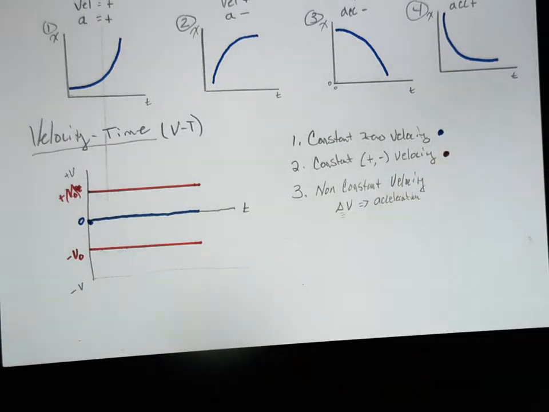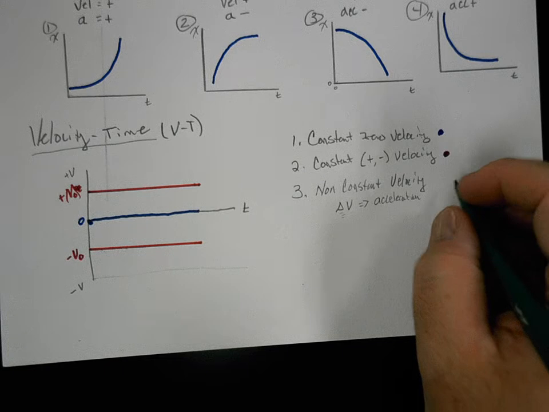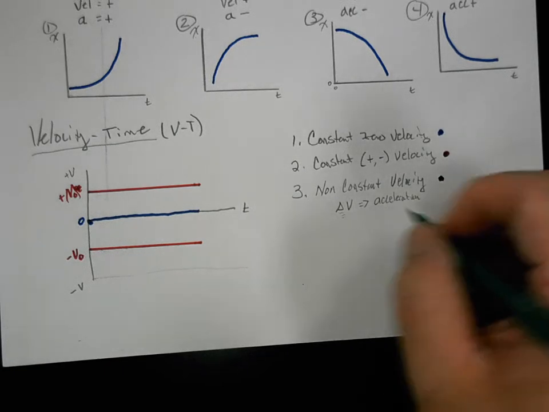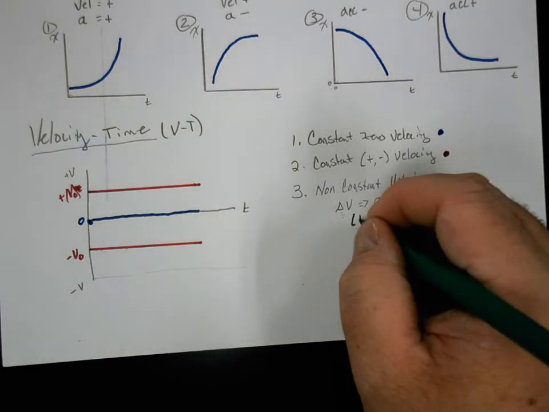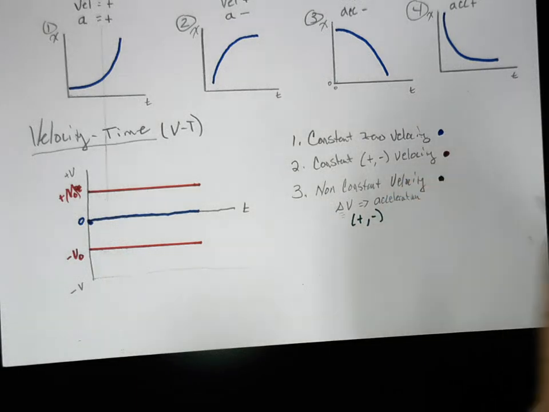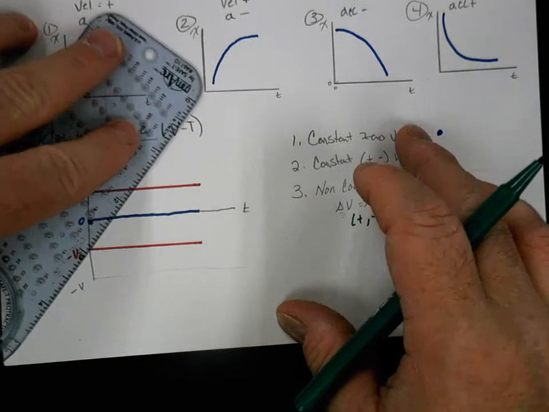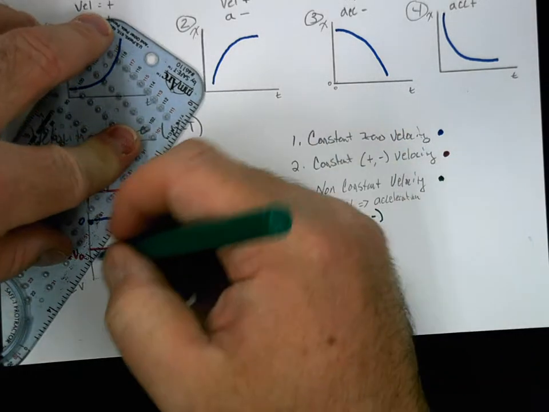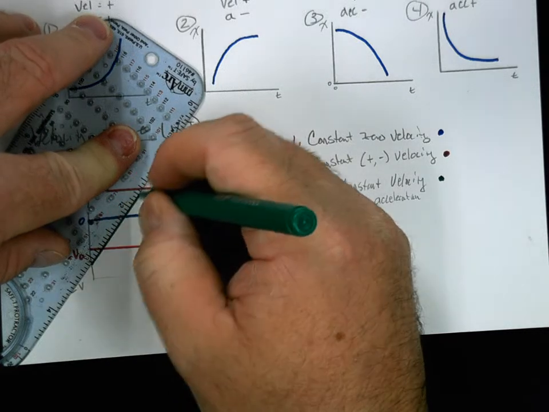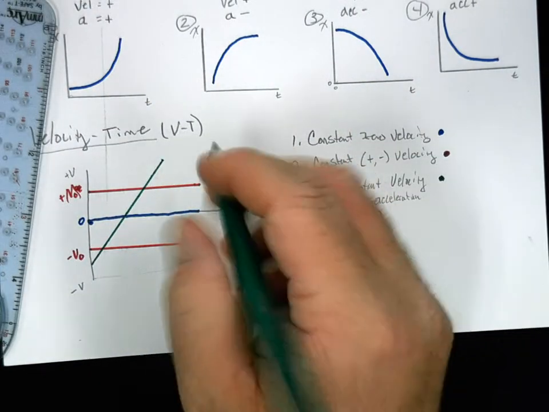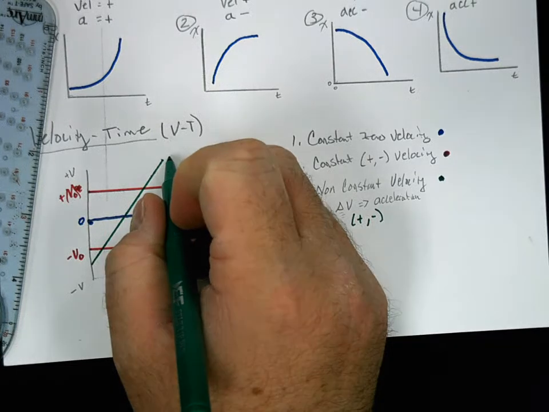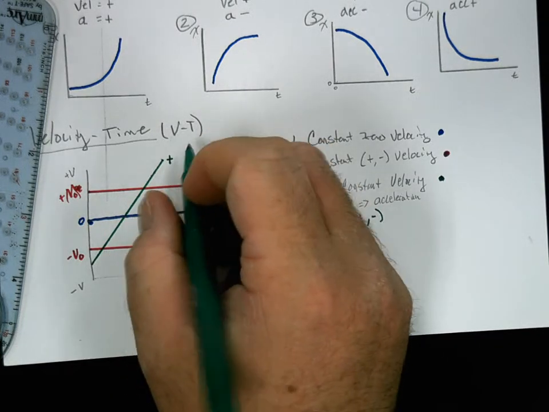Okay, we're going to draw this one in green, but we can still have a plus or a minus. This can be a positive or negative line. But if we're changing over time, then the slope of the line becomes like that. This is going to be our positive, our increasing velocity.